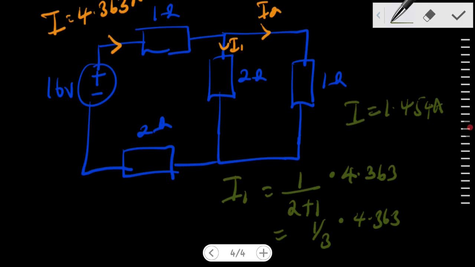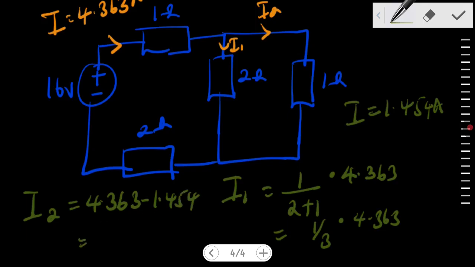So if I go there, for I1, that means I can get I2. For me to get I2, this will be equal to the total current, which is 4.363 minus 1.454, right?